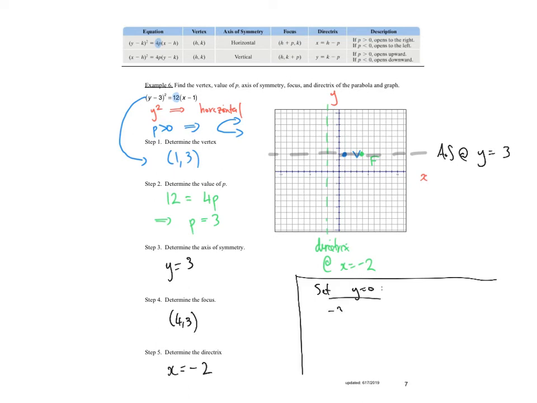So we'll get (-3) squared equals 12(x minus 1). If I solve for x, I should get x minus 1 equals 3/4, just dividing through by the 12 there, and so x is going to be 7/4.